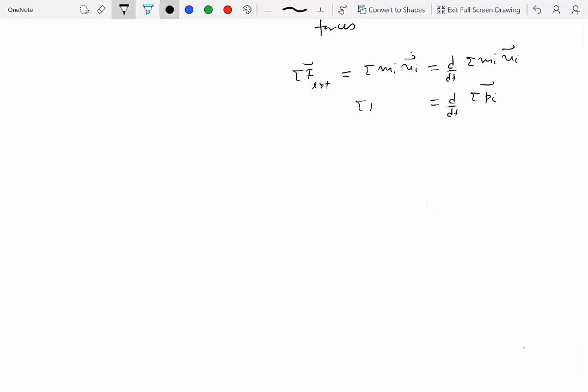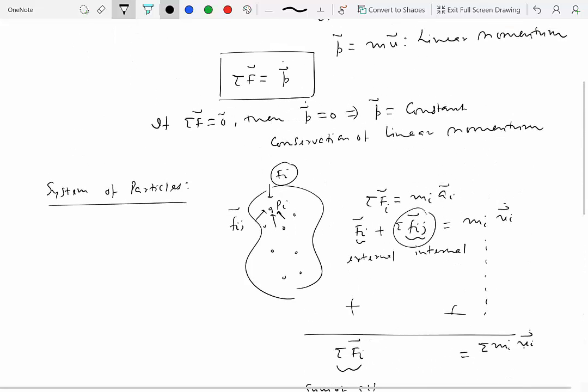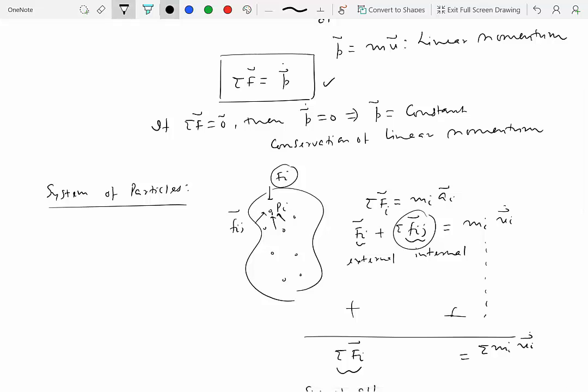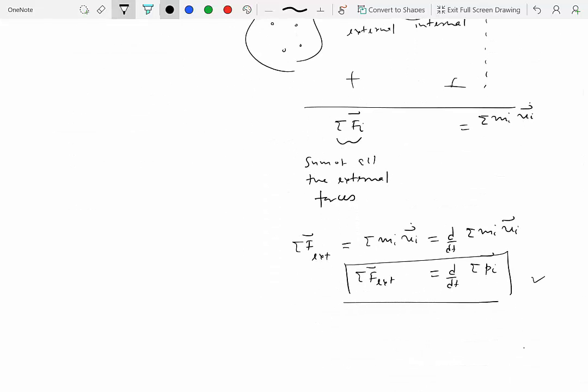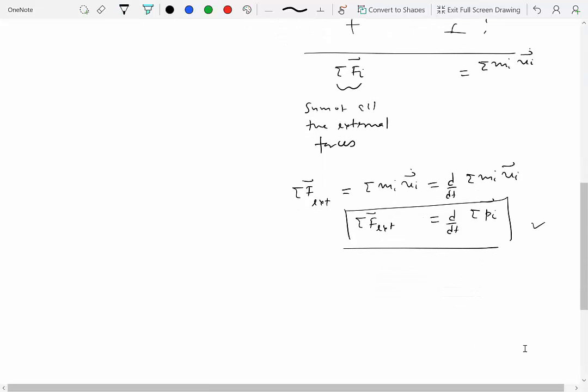This form is similar to what we saw before for an individual particle. That was the equation for one particle, and this is the equation for a system of particles. On the left hand side, we add together all the external forces acting on the system, and on the right hand side, we sum all the linear momentum vectors and then take their derivative.